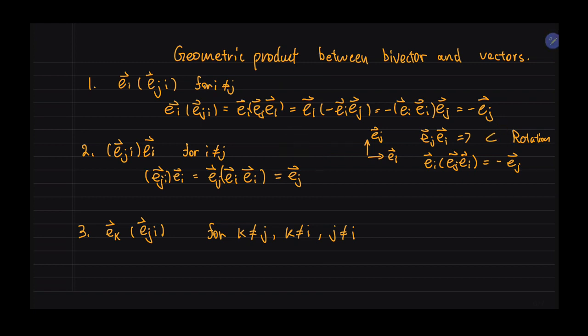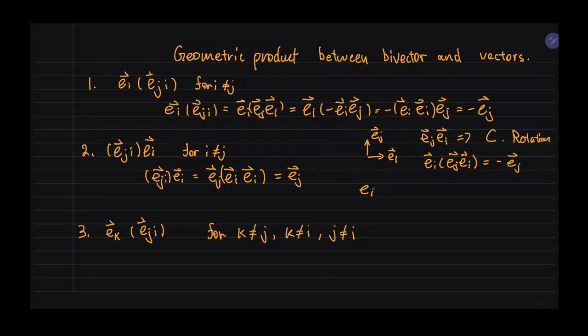Sorry, when you apply this, it's like a clockwise rotation. So e_i was pointing in this direction, and after multiplying with this bivector, it is pointing down. But does it really act like a clockwise rotation?